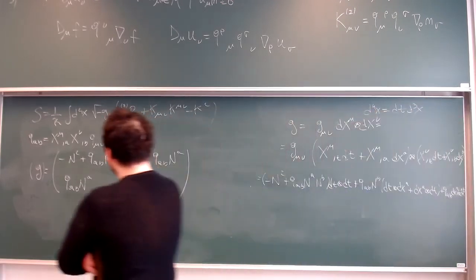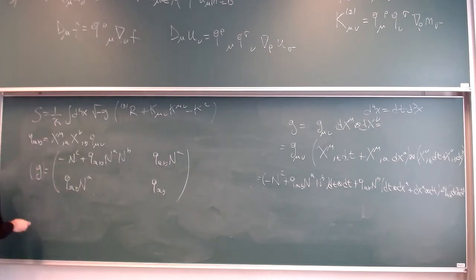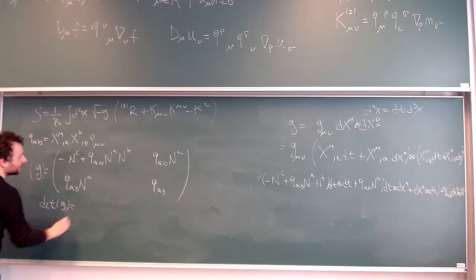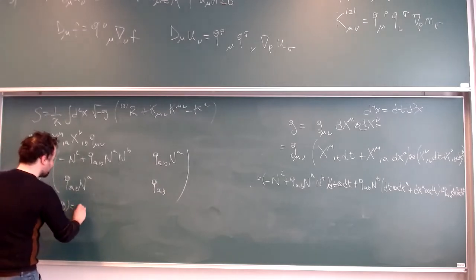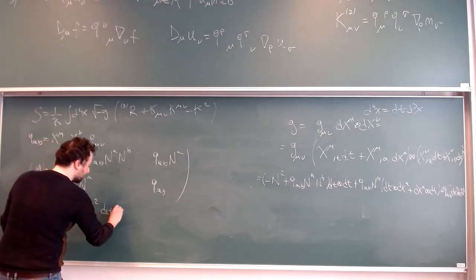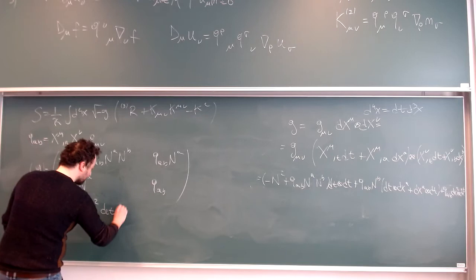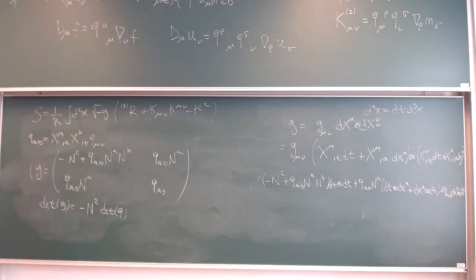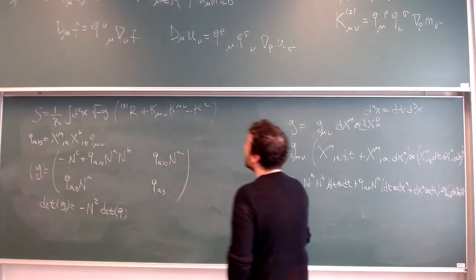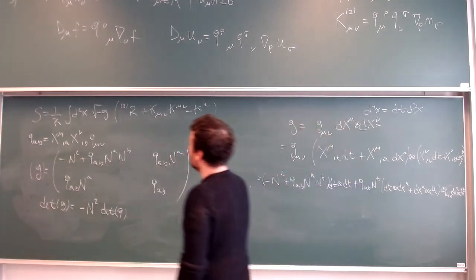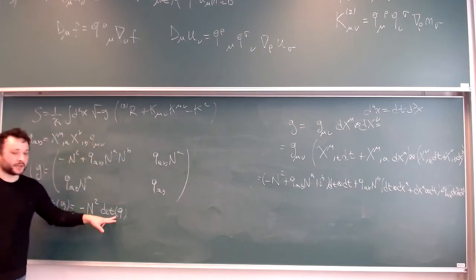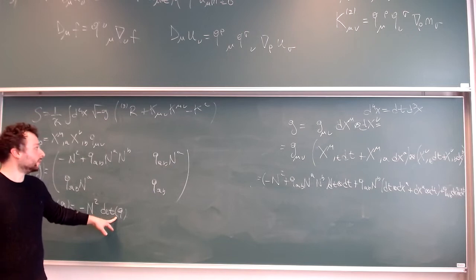Okay, so since we need the determinant, here we have minus n squared times the determinant of QAB. Like this. So with the square root, this just gives us n and the square root of the determinant of q here.